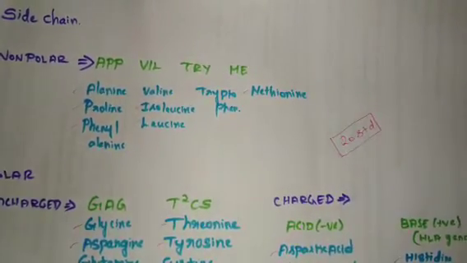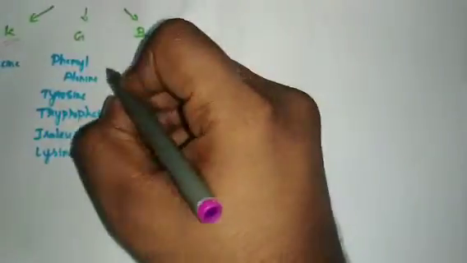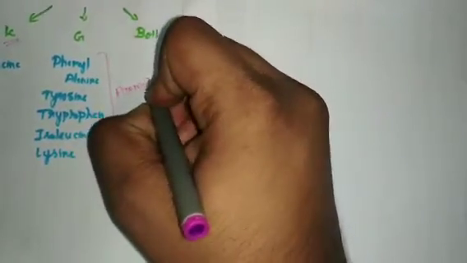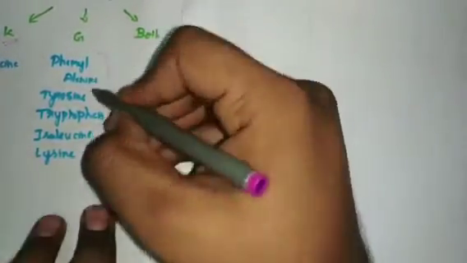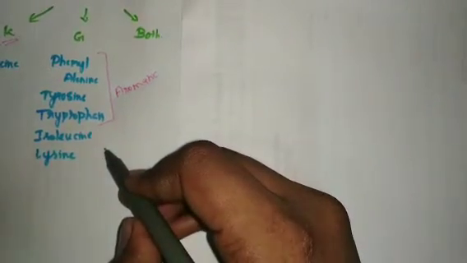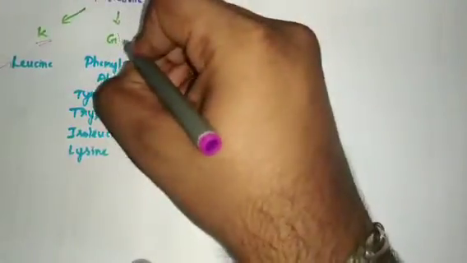Next we have classification based on metabolism: ketogenic, glucogenic, and both. In ketogenic, leucine ends in ketogenic metabolism. Then there are the three aromatic amino acids, which you should remember: phenylalanine, tyrosine, tryptophan. The remaining are isoleucine and lysine. The rest end in glucogenic metabolism.